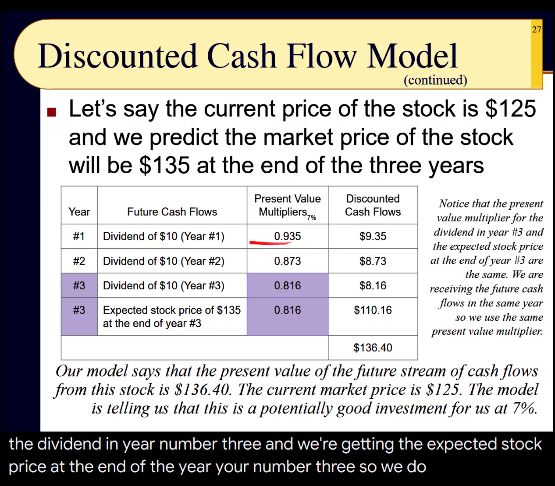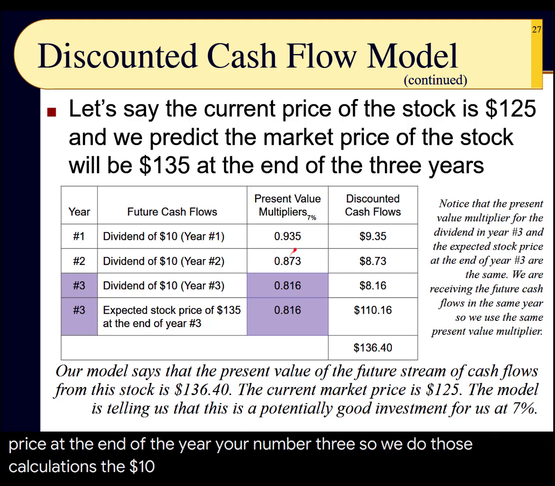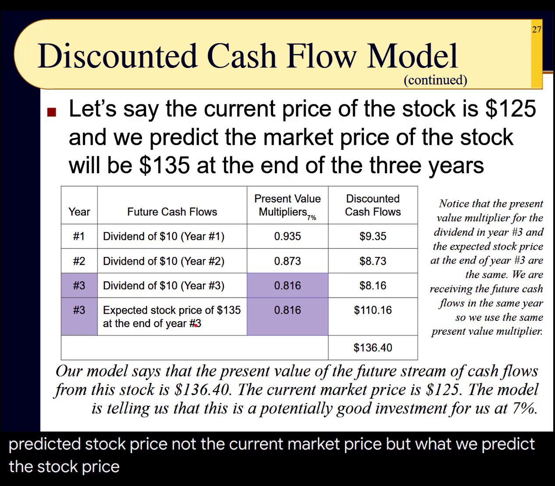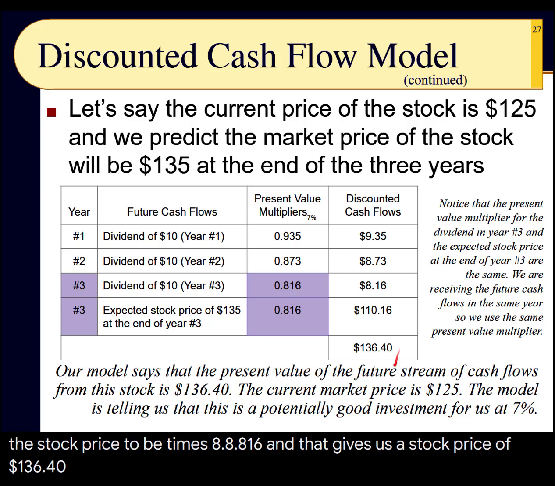So we do those calculations, the $10 times the 0.3935, the $10 times the 0.873, the $10 times the 0.816, and then $135, the predicted stock price, not the current market price, but what we predict the stock price to be, times 0.816, and that gives us a stock price of $136.40. So we believe that the stock is worth $136.40.